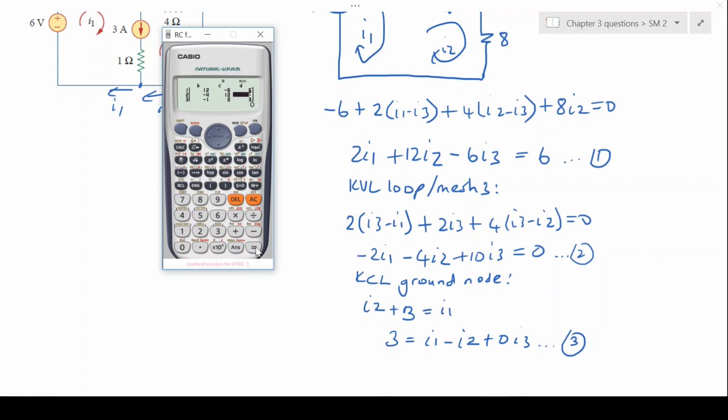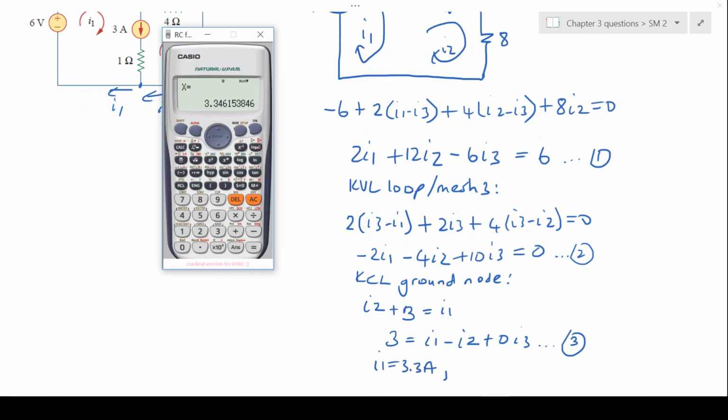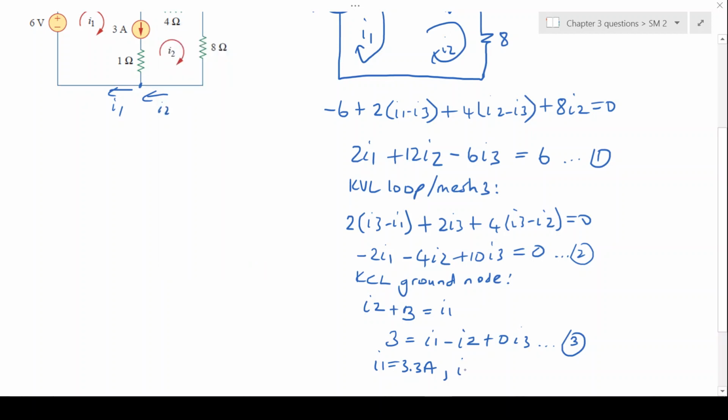Right, and let's take a look at what that will give us. We find a value of I1 as 3.3 amps. We find a value for I2 as 0.346 amps.